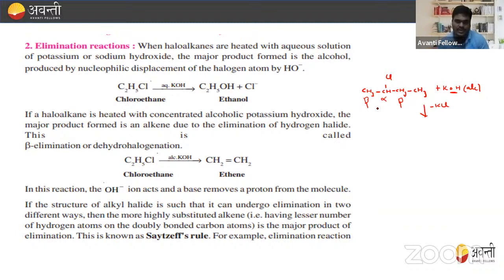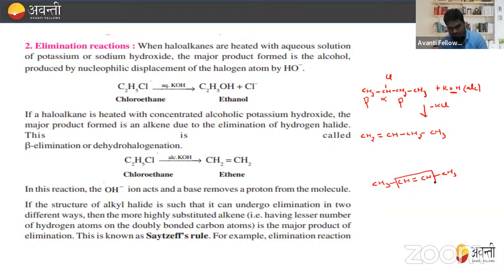Now, if you remove H from this beta carbon, it will form CH2 double bond CH, CH2, and CH3. So one possibility is this. The other possibility, if we remove it from the other side, will form CH3, CH double bond CH, CH3. Observe very carefully.